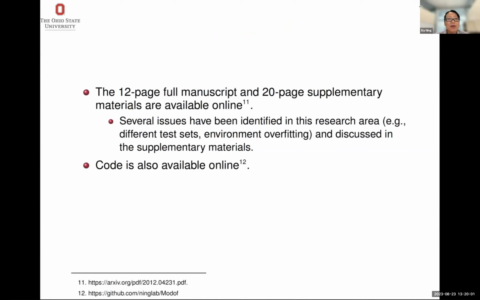So we have this paper available, and from this study, we identified several issues in this research topic, probably not very specific to this research topic, but at least we observed that here. For example, how people compare different methods on the benchmark data set, probably this is common in many research topics, it's not really a fair comparison.